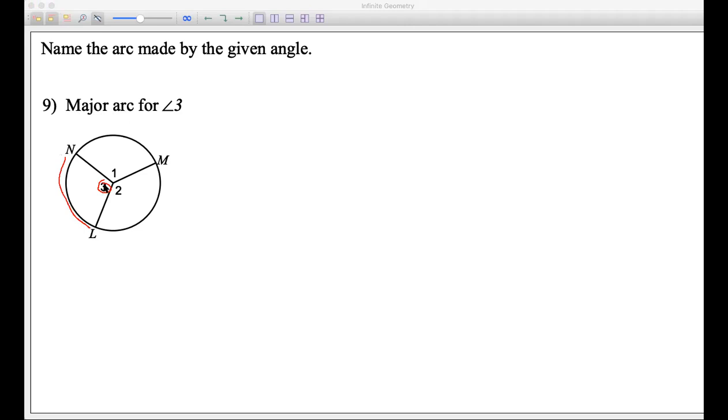Well, angle 3 determines a minor arc, so the major arc that's left over from 3 would be this arc right here, which would be NML or LMN, either one. November Mike Lima or Lima Mike November with an arc over the top. So you would write NML with an arc over the top, or those letters backwards, LMN. Either one's fine.